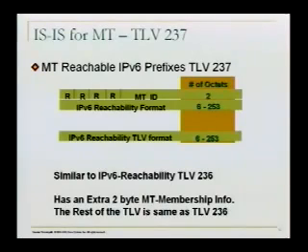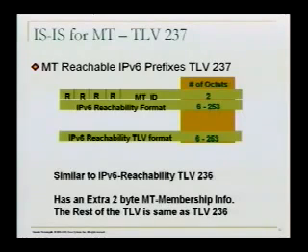This is TLV 237. The multi-topology draft does not make any recommendations if you have in your network TLV 236 running, which is a normal IPv6, plus a multi-topology, which is TLV 237, which is also IPv6.